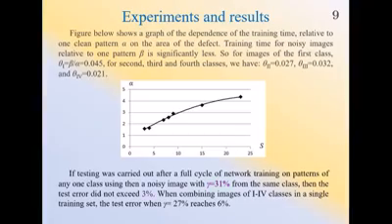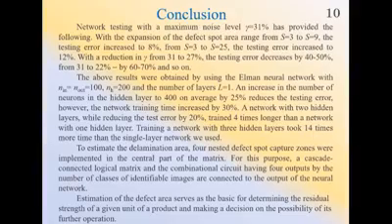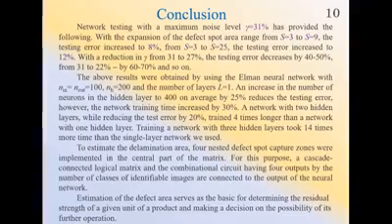Network testing with the maximum noise level gamma equals 31% has provided the following. If testing was carried out after a full cycle of network training on patterns of any one class using then a noisy image from the same class, then the test error did not exceed 3%. Finally, we have made the following conclusions. With the expansion of the defect spot area range from S equals 3 to S equals 9, the testing error increased to 8%.